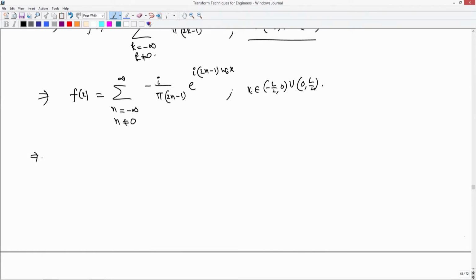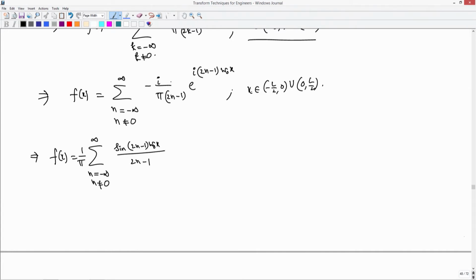The left hand side, the given function, is real valued, so it has to be equal to the real value on the right side, and whatever remaining imaginary part has to be 0. So you can equate real and imaginary parts on both sides. The left hand side real part is itself f, and the real part on the right is the sum over n from minus infinity to infinity, n not equal to 0, of 1 by pi times sine of (2n minus 1) omega naught x, divided by (2n minus 1).